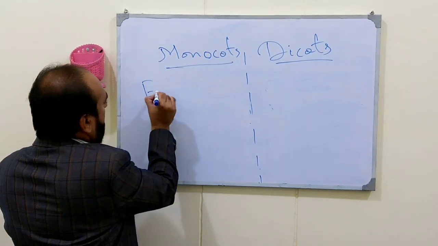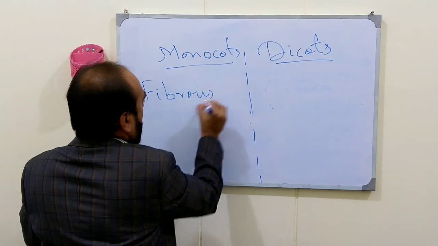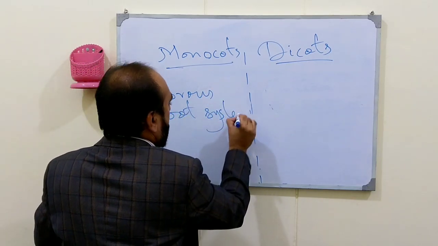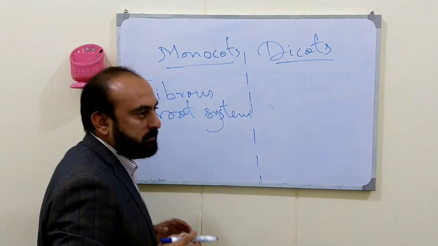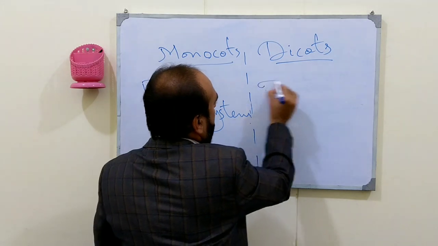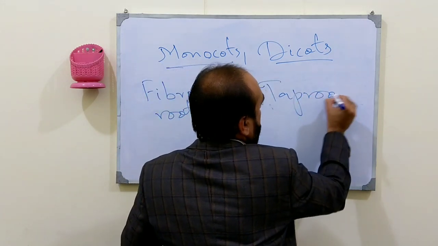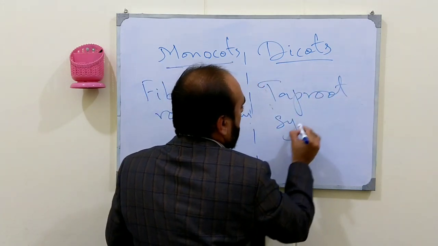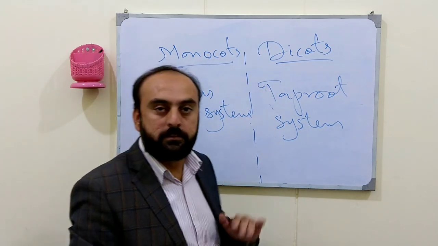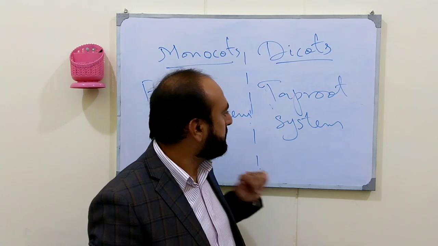Monocots have a fibrous root system. That is a dense mass of thin hair-like roots, whereas dicots have a taproot system in which there is a main root with minor or side roots.